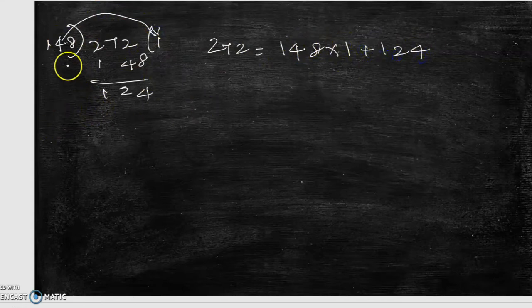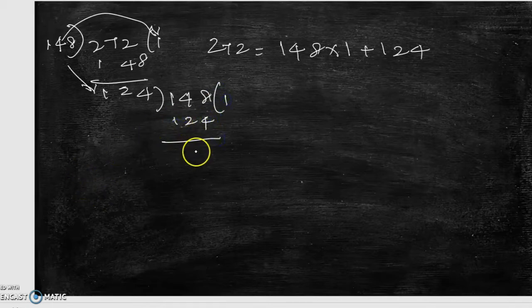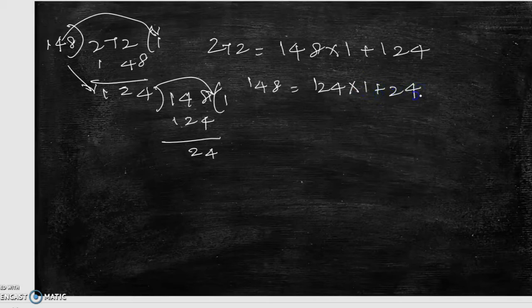Next step, 148 goes down here, which means 124 and 148. Again 1 time, and the remainder will be 24. Same thing: 148 equals 124 into 1 plus 24.